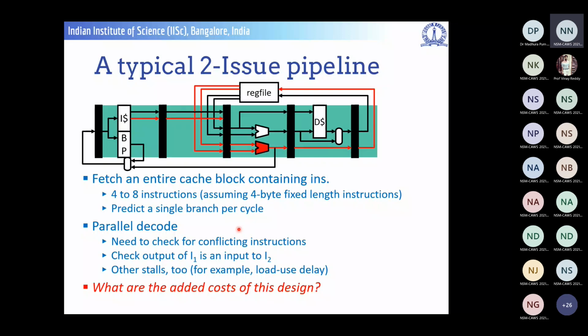So if there are no branches and the instructions that you are executing are within the same cache block, then that is all good, because anyway you have to bring in the cache block to execute. Say the first instruction, the second instruction is also in the same cache block, so that doesn't make the fetch much more complicated. Branches are different, because a branch changes the program counter, which is what decides the next instruction you have to fetch and execute.